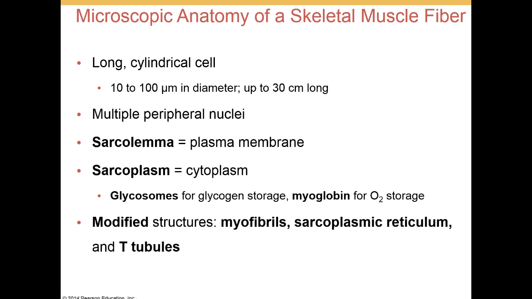And then finally, we will also be looking at the T-tubules, also known as the transverse tubules. Transverse tubules are extensions of the sarcolemma deep into the interior of the cell.